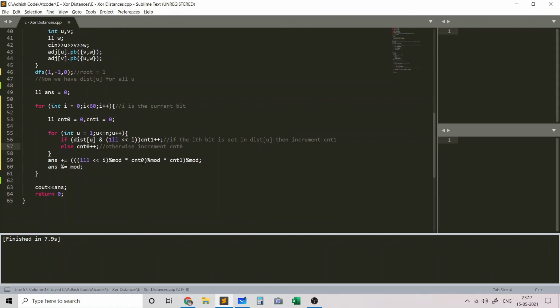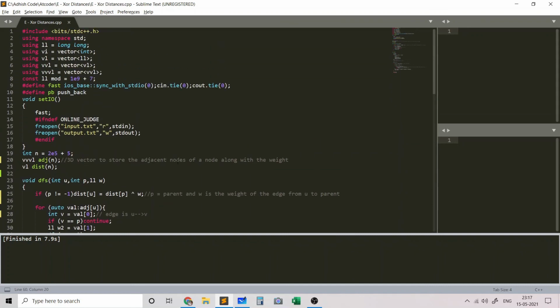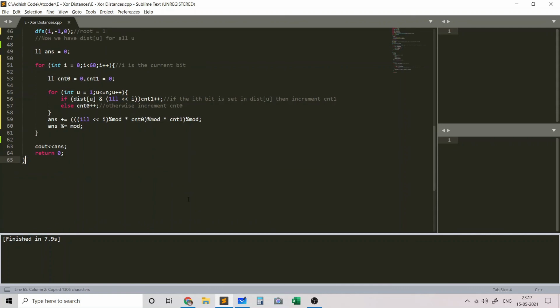And then this is the part which I just explained. We would multiply count 0 by count 1 by 2 to the i, because 2 to the i is the value of that contribution, and we would add that to the final answer, and at each step we would take it under modulus, which is 10 to the 9 plus 7, because the numbers can be quite large.